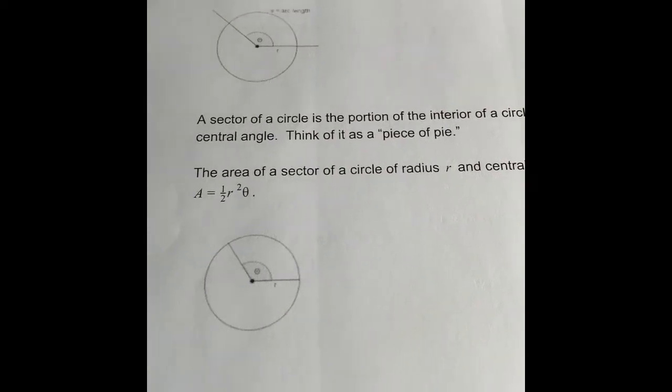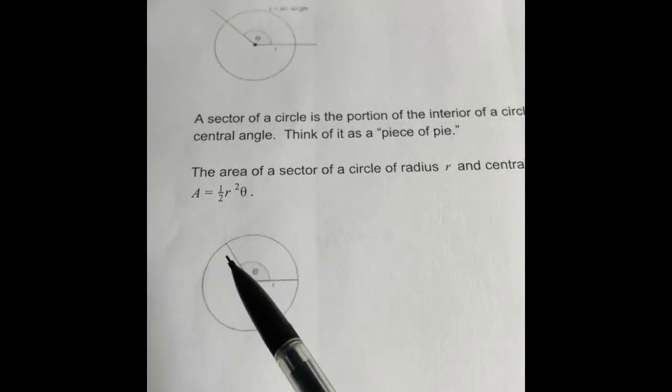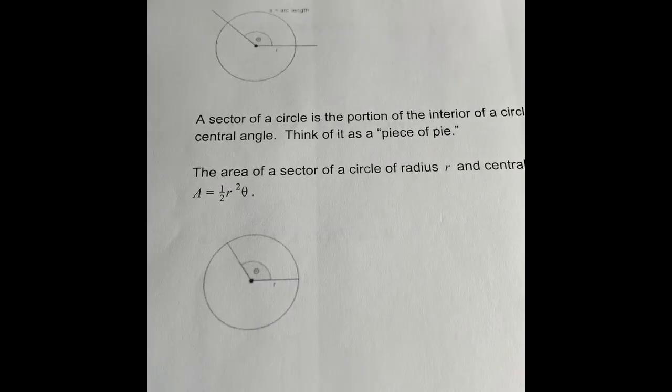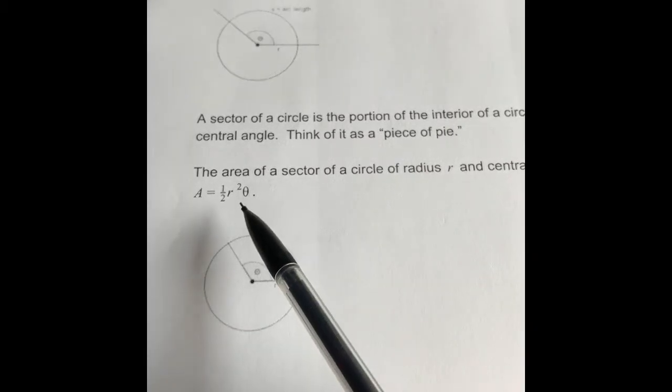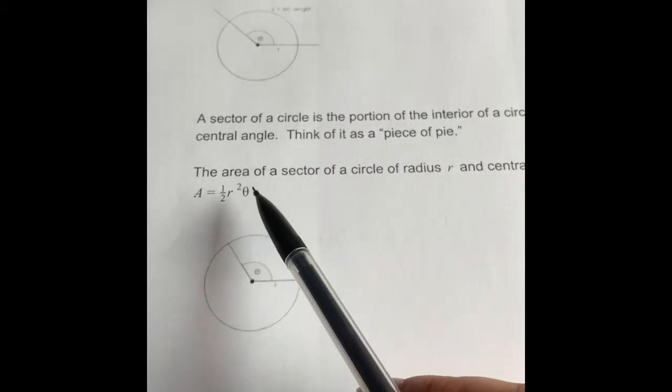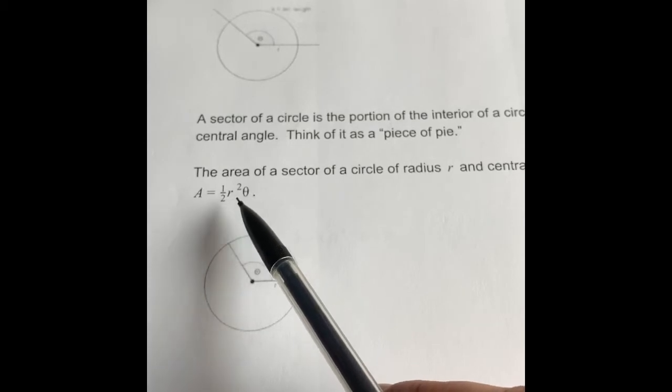Similar to area of a sector, the sector is actually the slice of pie itself. Think about when you're trying to find the area of a square or a rectangle, you're trying to find the square footage. You're trying to take the length times the width, or whatever the formula may be. Here's the formula we will use for a circle: one half r squared theta.